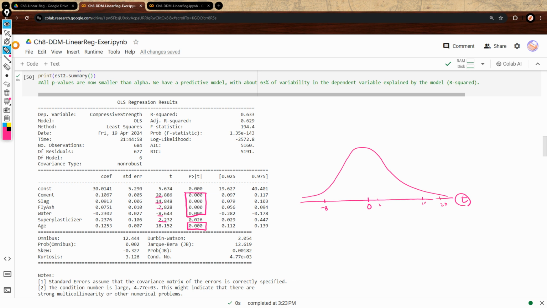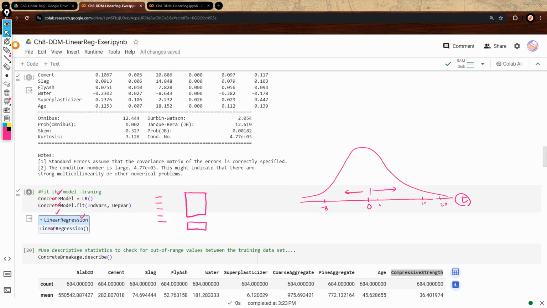So which value is farthest from 0? Which independent variable's t statistic is located farthest from 0? That's the answer. Let's go back to the problem.